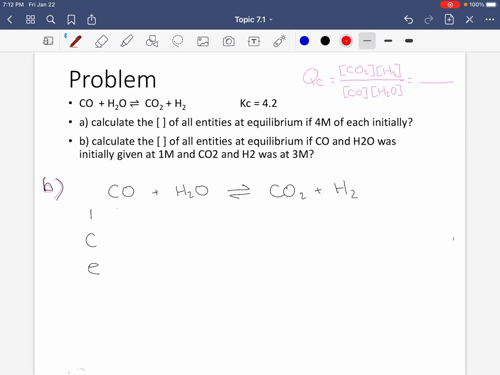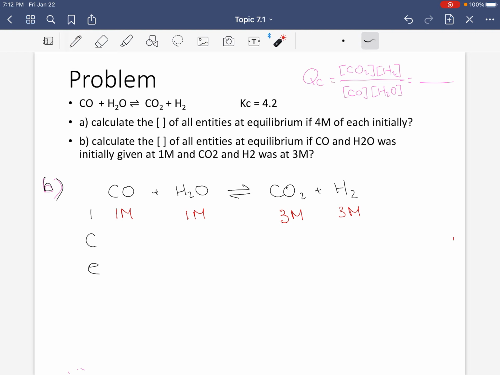Part B. Calculate the concentration of all entities at equilibrium if CO and H2O were initially given as 1 molar. CO2 and H2 were given as 3 molar. Alright.